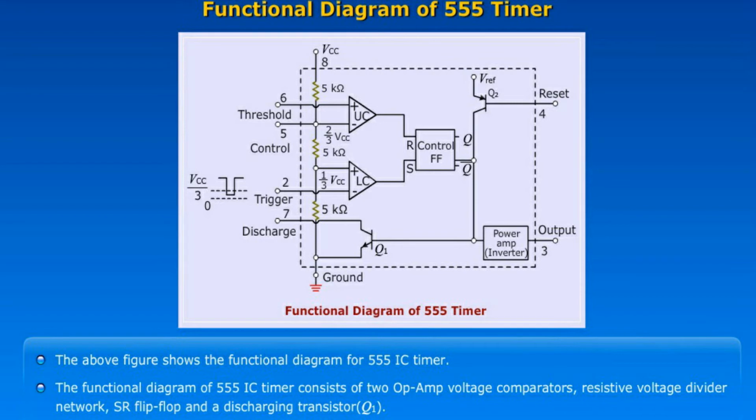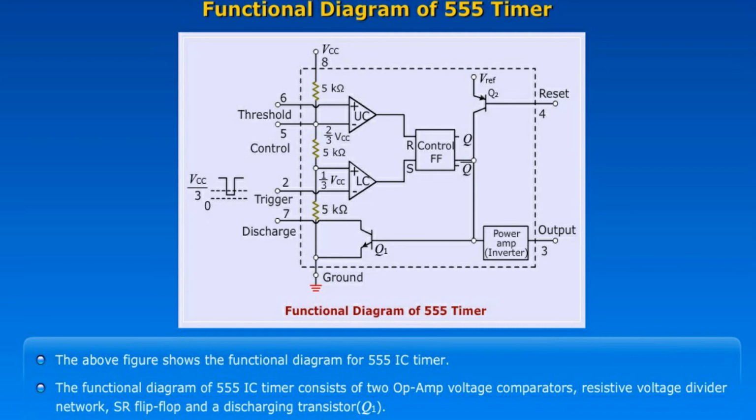Hence, this IC is called the 555 IC timer. We know that the voltage divider network is used to divide the supply voltage. For example, here the VCC is applied across the voltage divider. This VCC is equally divided across the 3 5 kilo ohm resistors.